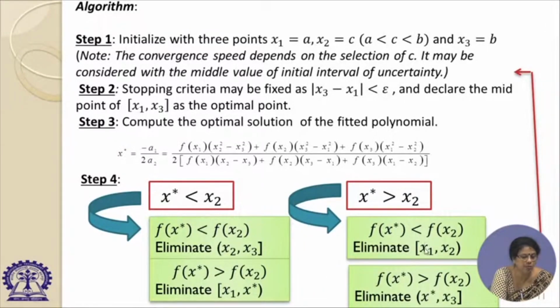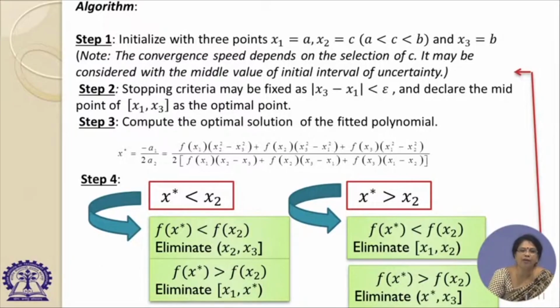And in the next case, when f(x star) is greater than f(x2), there is no minimum in between x star and x3.